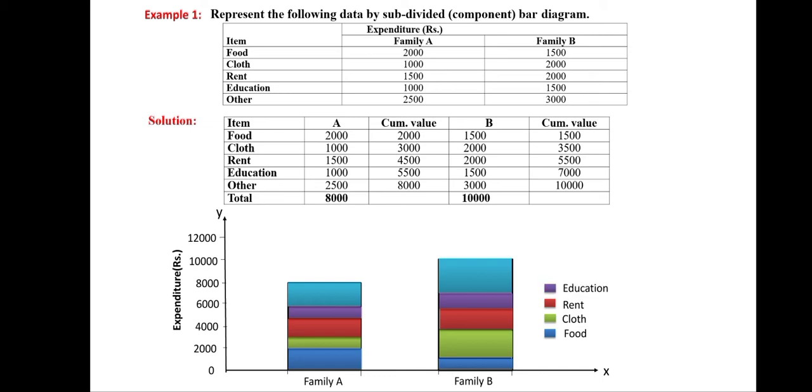Education is denoted by violet color and others are denoted by sky blue color. Okay, and also write the title, that is subdivided bar diagram showing expenditures of two families. And here the scale under y-axis is 1 centimeter is equal to 2000 units. You can see here the bar gap is 2000 units.